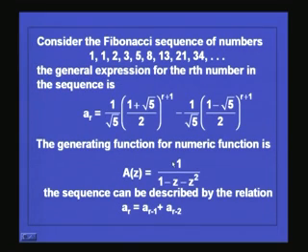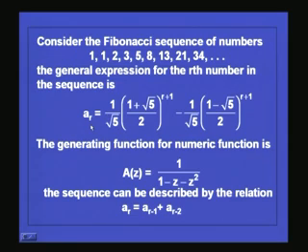You also know this example, which is very common. The Fibonacci sequence of numbers is given by 1, 1, 2, 3, 5, 8, 13, 21, etc. See, the first two are 1 and 1, the third one is obtained by adding the first two, the fourth one is obtained by adding these two, 1 plus 2, 3, then 2 plus 3, 5, 3 plus 5, 8, 5 plus 8, 13, and so on.